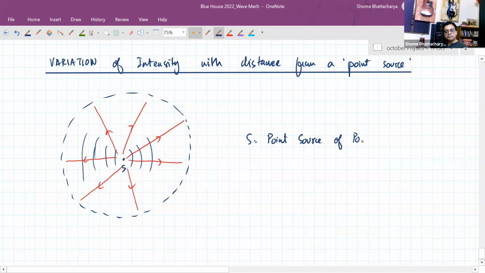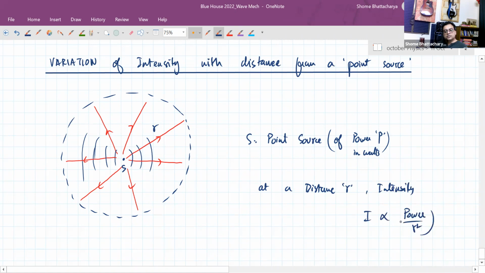So if S is a point source of power P in watts, then we say that at a distance r, the intensity of sound is proportional to that power, but inversely proportional to r square.